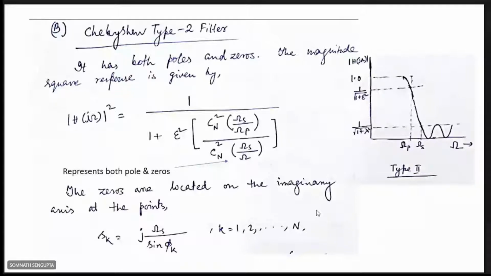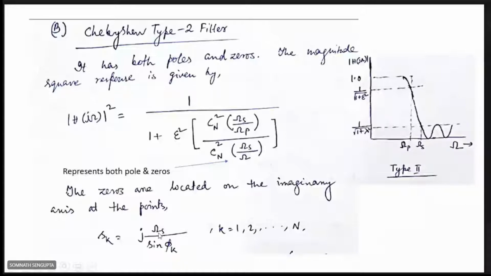Okay, and this formula is given for the Chebyshev type 2 filter, and zeros are located on the imaginary axis at the point j sk equal to j into omega s divided by sine phi k.